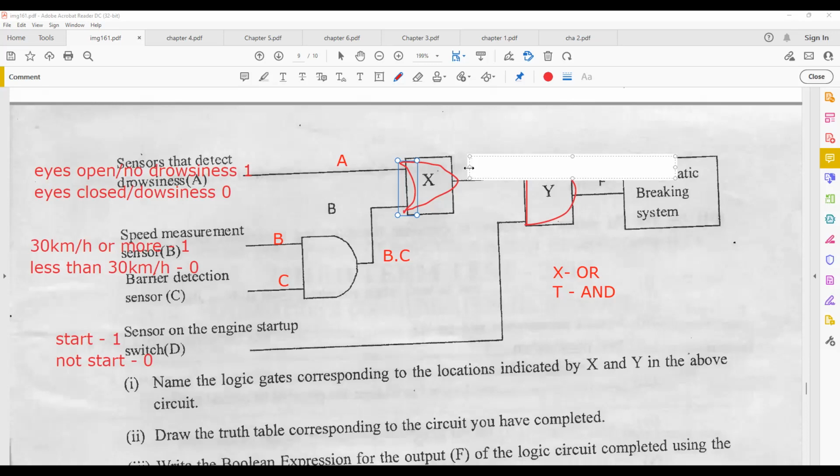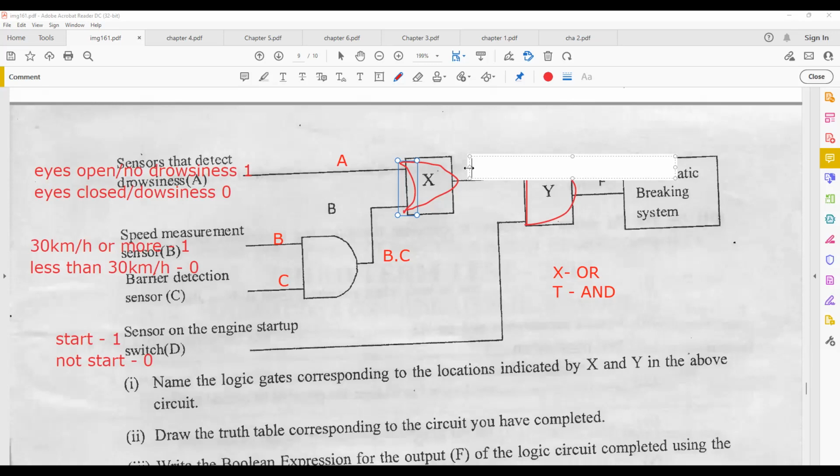You are getting A from the top, and from the bottom we are getting B dot C. Right, good.